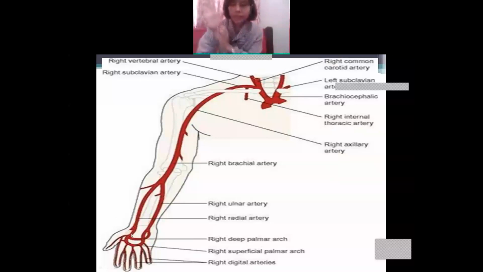This is the palm of the hand, right? So after coming and coming, this is the radial artery. It first enters the metacarpal region, and afterwards it goes to the palm of the hand. It will move this side and connect to the palm of the hand.